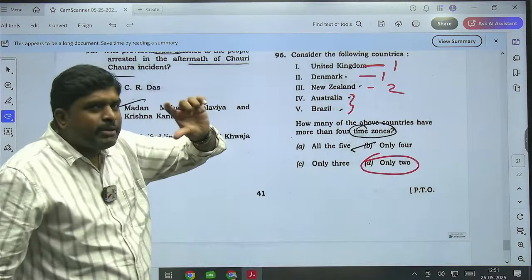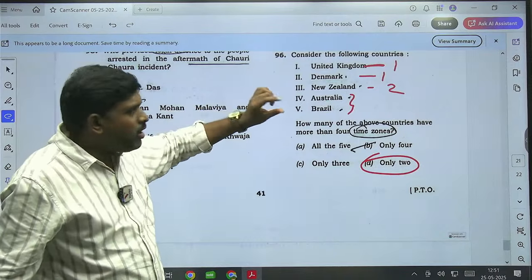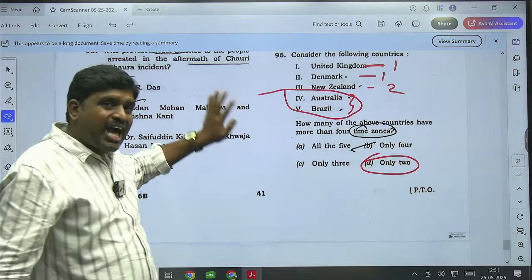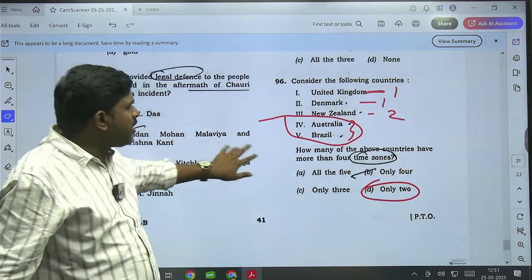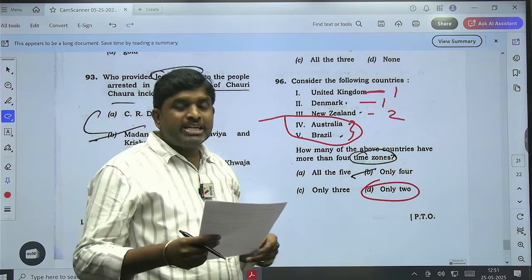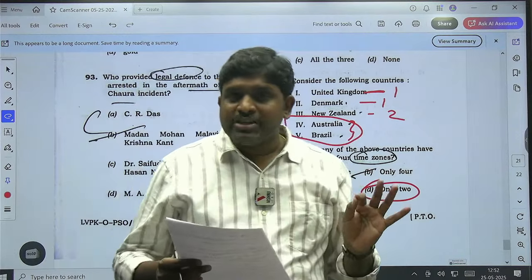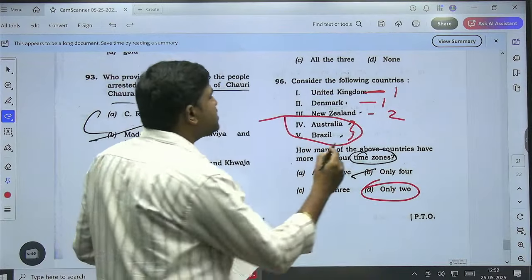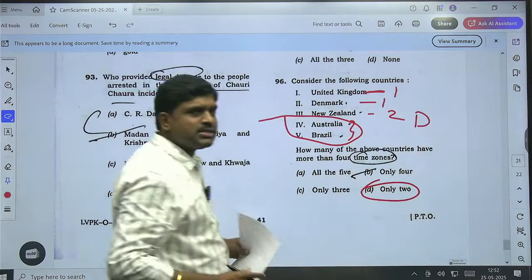The United Kingdom, Denmark and New Zealand are small, so only these two are geographically large and have more than 4 time zones. So the 96th answer is D.